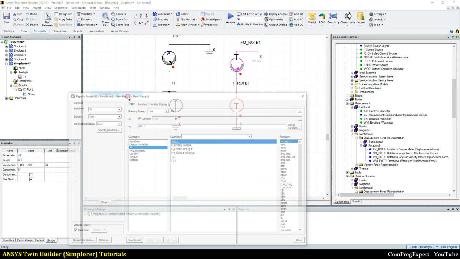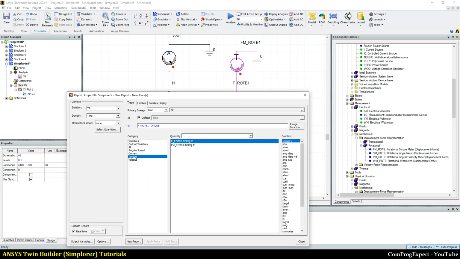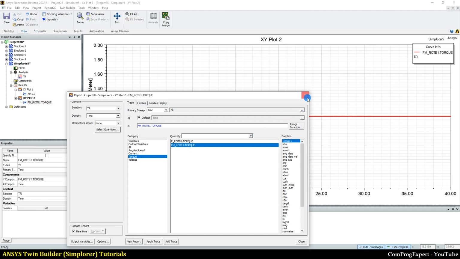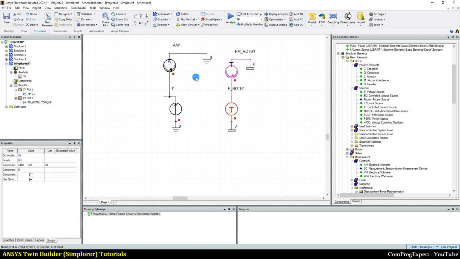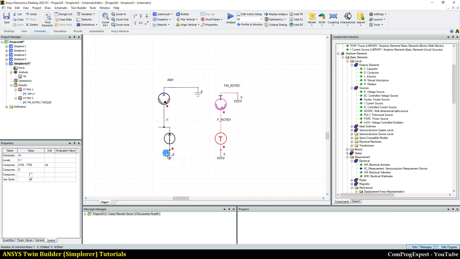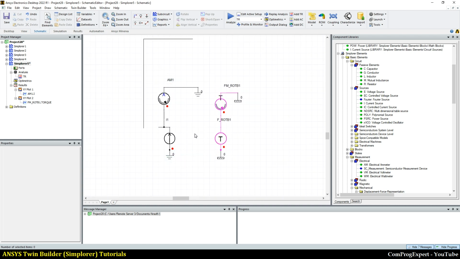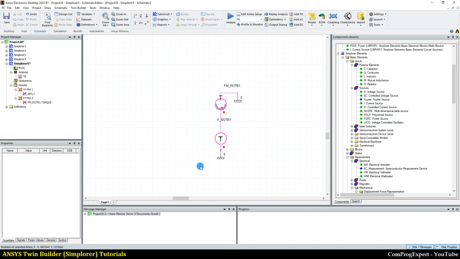If I plot the torque Fm root B1 dot torque, the value is 1 Newton meter. So now let's delete this part, and you can see the counterpart mechanical circuit that we have here.